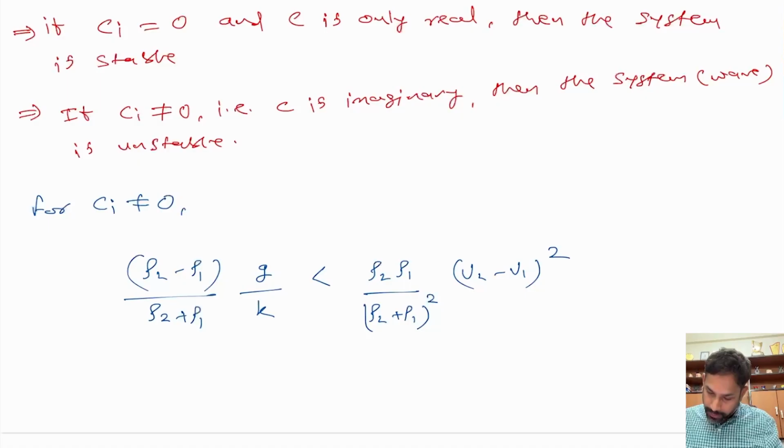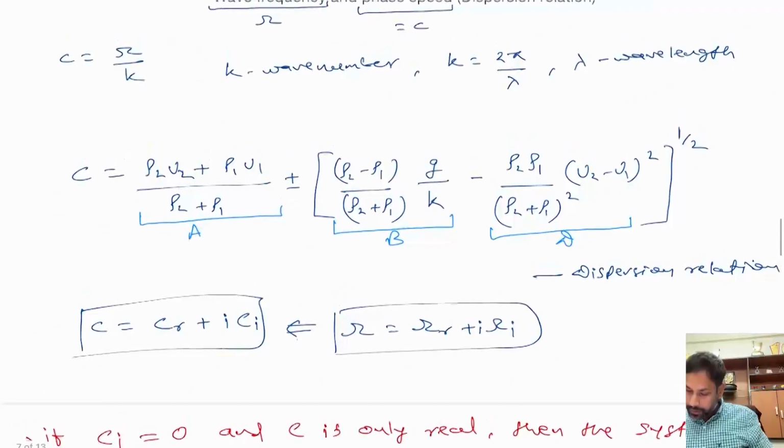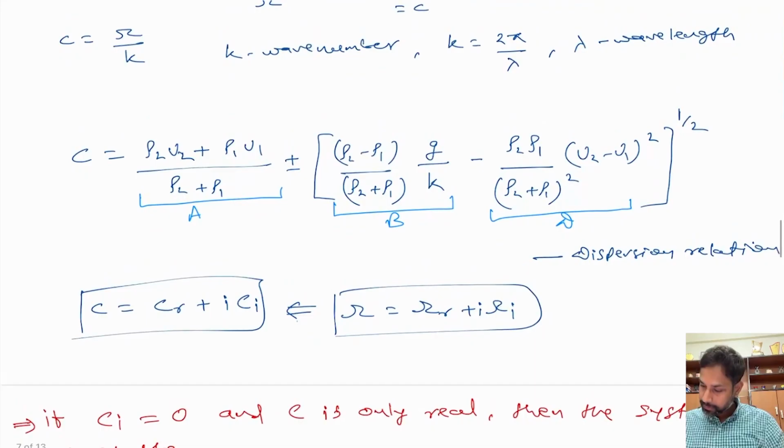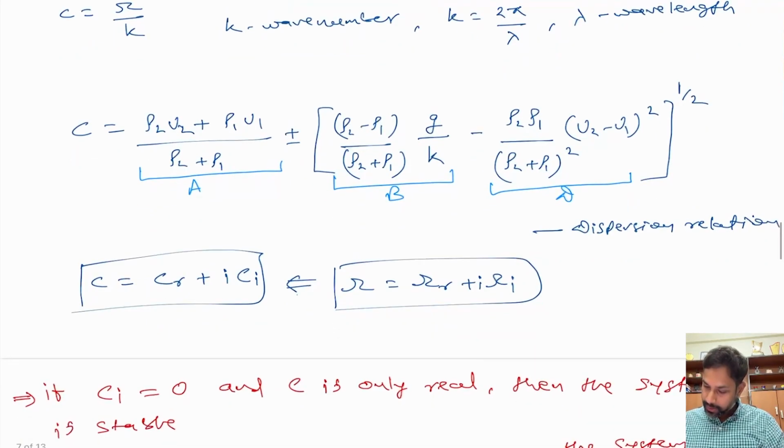I think I should write it B is smaller than D. So when the term B is smaller than term D, in that case you get an imaginary value for the phase speed, that is C, and indirectly that also gives you the imaginary value for the omega, that is the frequency, because here the K is wave number and that is always positive.